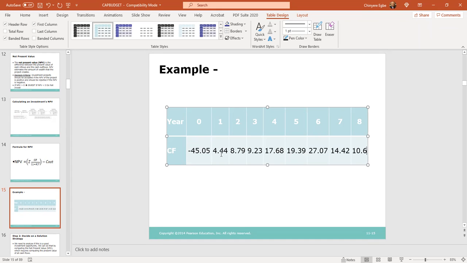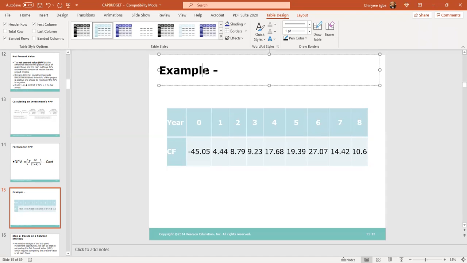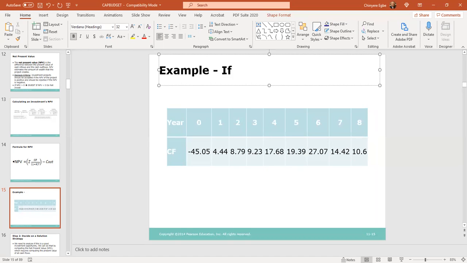The project will yield $4 million the first year, 8.7, 9.23, 17.68, and so forth, every year for the next 8 years. So the question becomes, would you invest in this if the cost of capital is 9%?